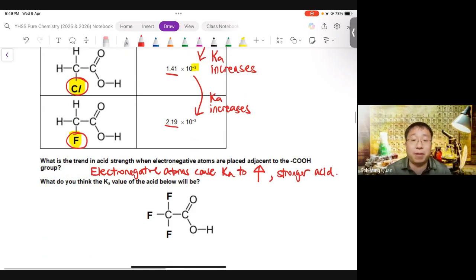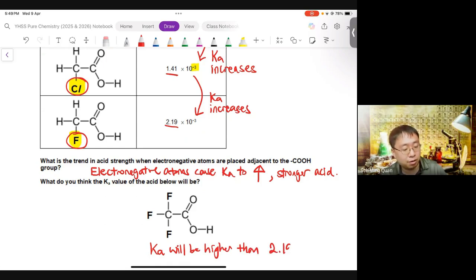So of course, what happens if I substituted all the hydrogens with fluorines? I'm sure you can imagine the Ka will be larger or higher than if there was only one fluorine. So it'll be higher than 2.19 times 10 to the power negative 3. It's a much stronger acid.